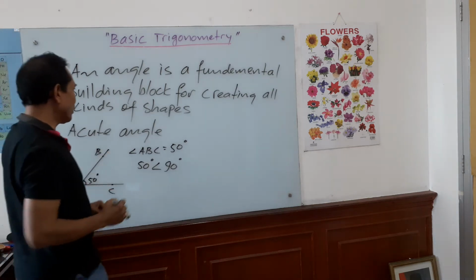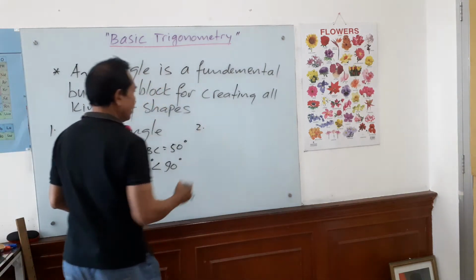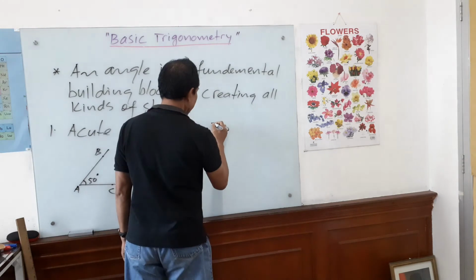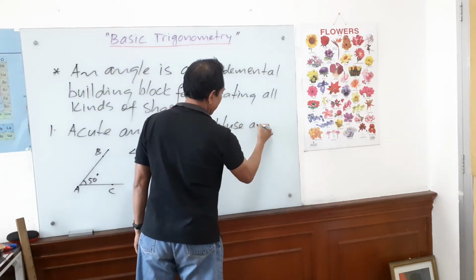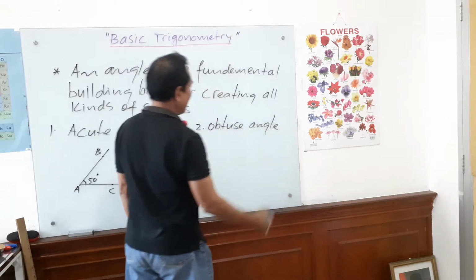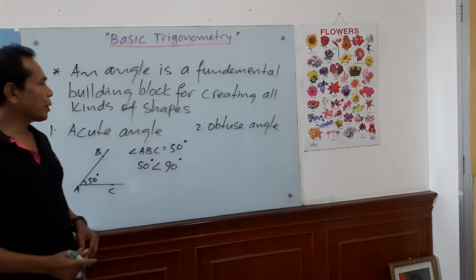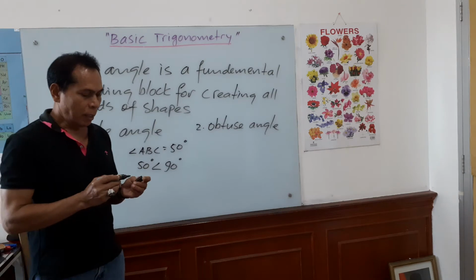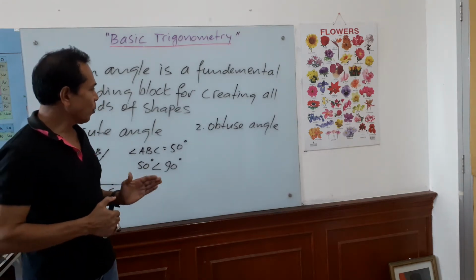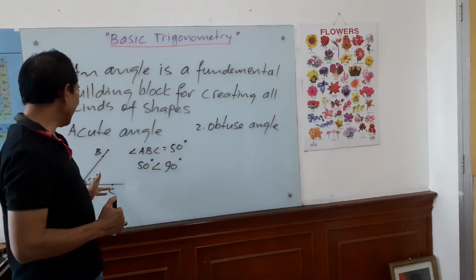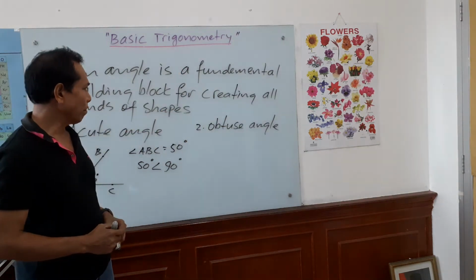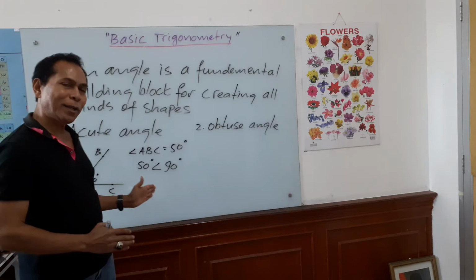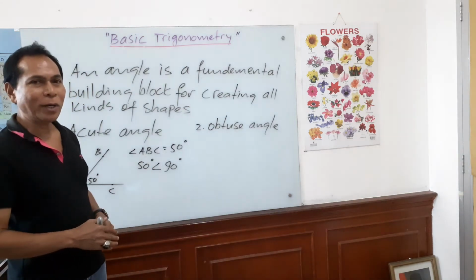Now, we quickly go to number 2, the obtuse angle. What is an obtuse angle? An obtuse angle is an angle which is bigger than 90 degrees, but not bigger than 180.